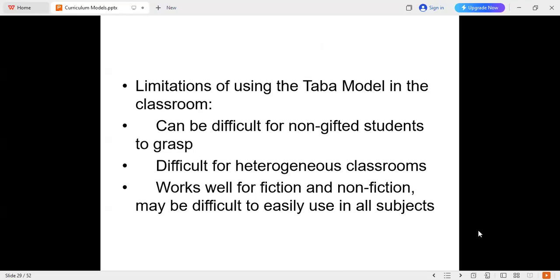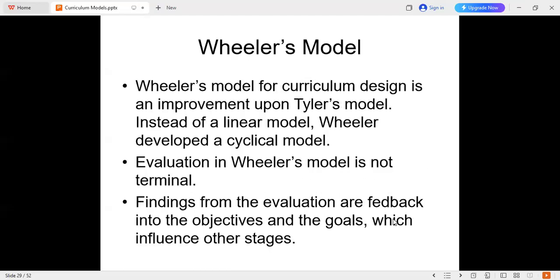It works well for fiction and non-fiction, but may be difficult to easily use in all subjects. Taba expected all the children in the classroom to be at the same level, but it is not so.